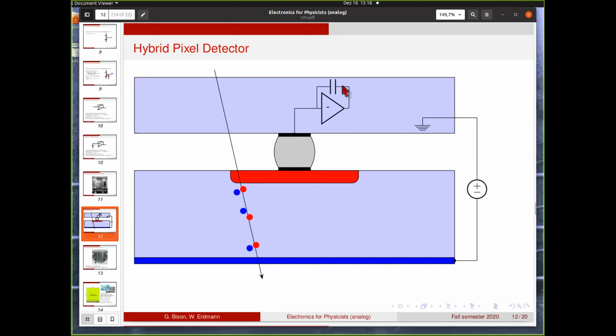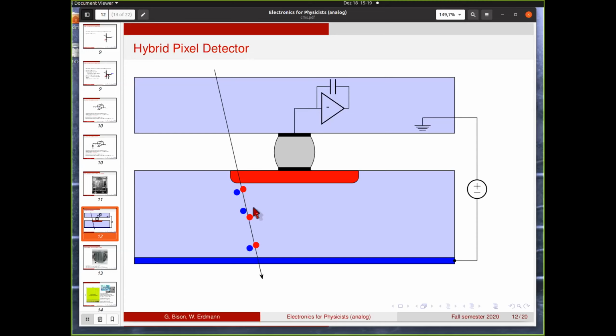In this case, it doesn't have a resistor, but it has a capacitor in the feedback, so it doesn't produce a voltage spike, but it integrates the current that is produced by the particle that flies through this detector. And by integrating this, you measure the total amount of charge that is deposited, and that can be useful in order to interpolate between adjacent channels.